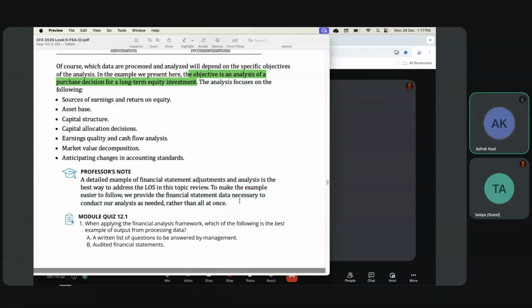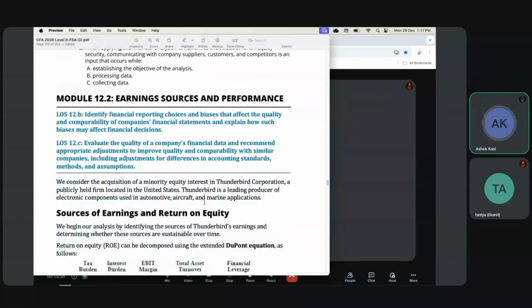We consider the acquisition of a minority interest in Thunderbird Corporation, a publicly held company located in the US. Thunderbird is a leading producer of electronics components used in automotive, aircraft, and marine applications.